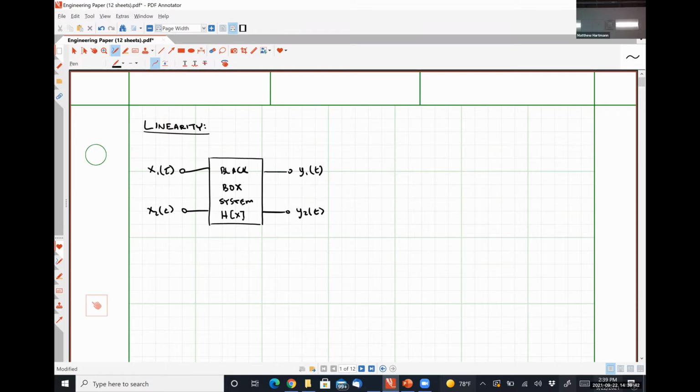If this system is linear, then the system response must satisfy the following equation.